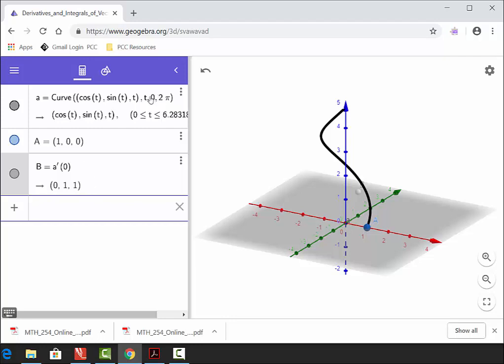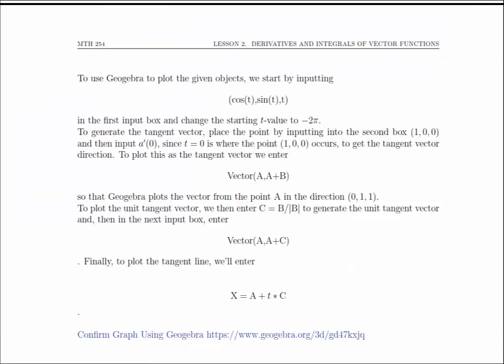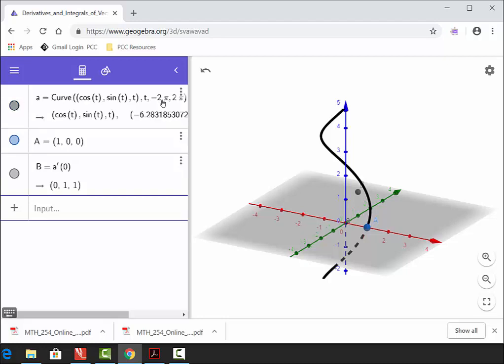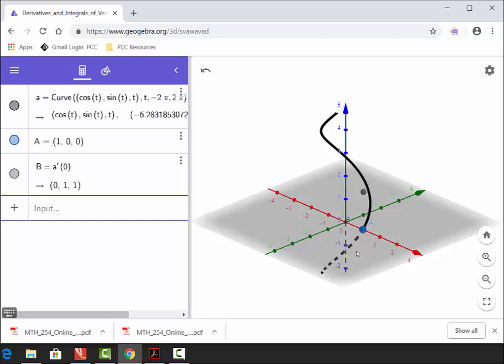Let's note there were some instructions up here I skipped. It said have a starting t value of negative 2 pi. So let's just click in here, edit that. That allows us to see the curve down in the bottom half there.